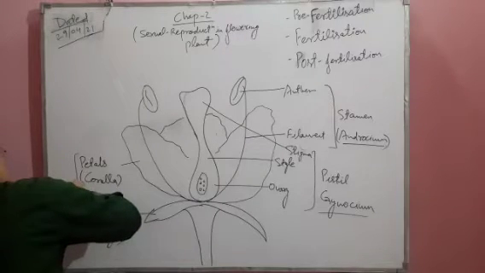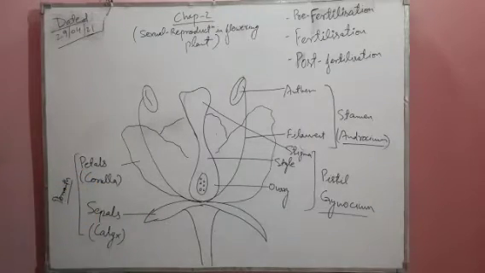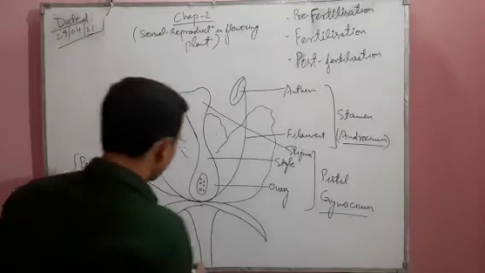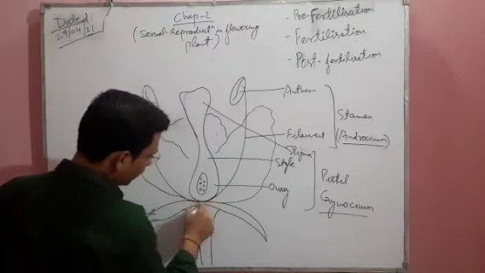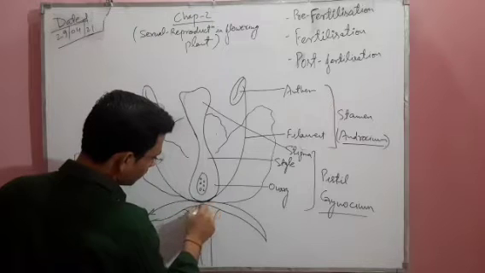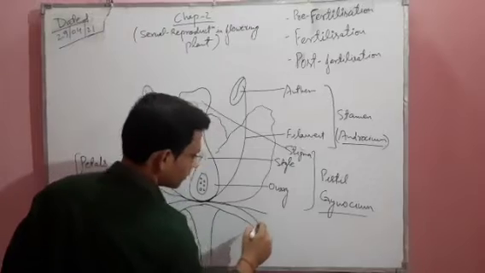I write here perianth. And you can see here the anther part and the ovary part are attached together with this stalk part. This part is called thalamus.